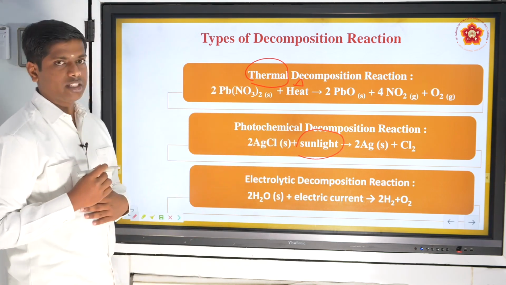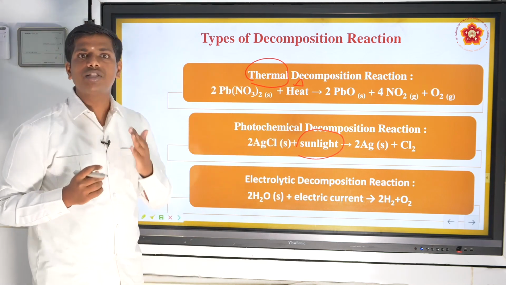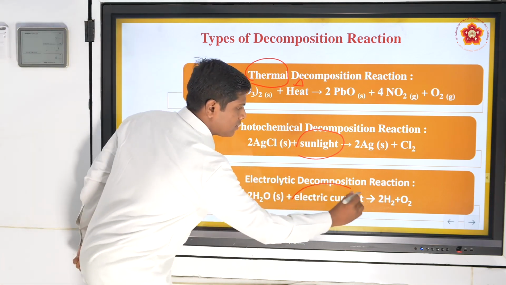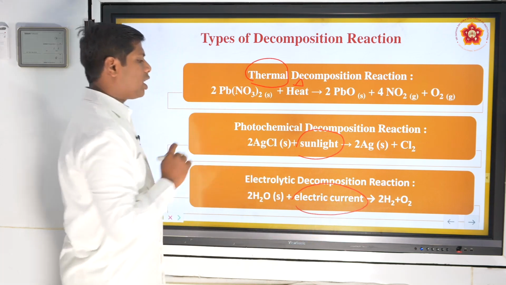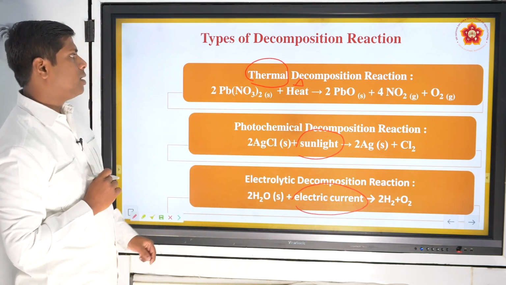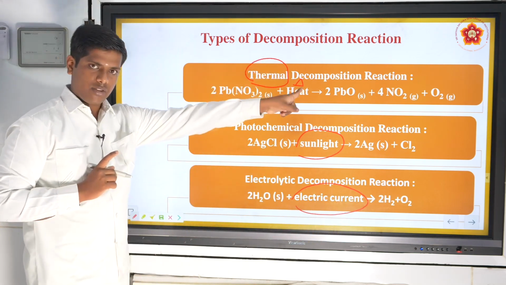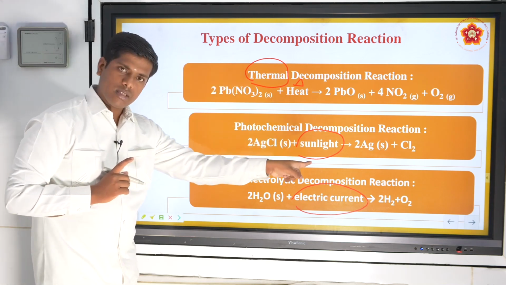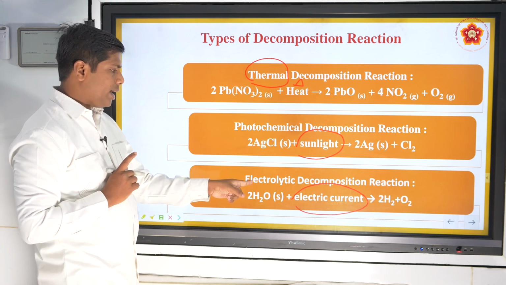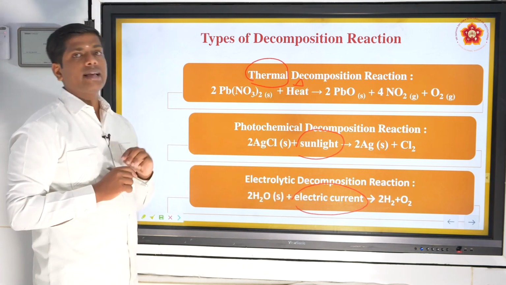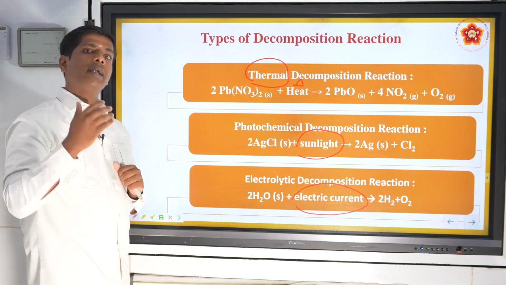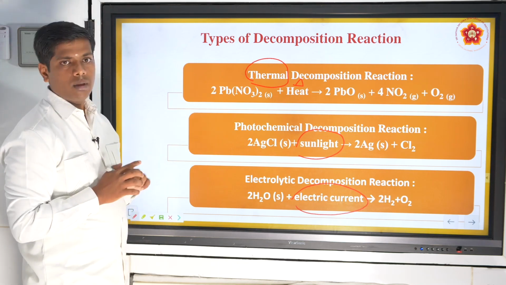Electrolytic decomposition reaction: the reaction takes place in the presence of electricity or current. That is electrolytic decomposition reaction. Thermal decomposition in the presence of heat. Photochemical decomposition in the presence of sunlight. Electrolytic decomposition in the presence of electricity. These are the different types of decomposition reaction.